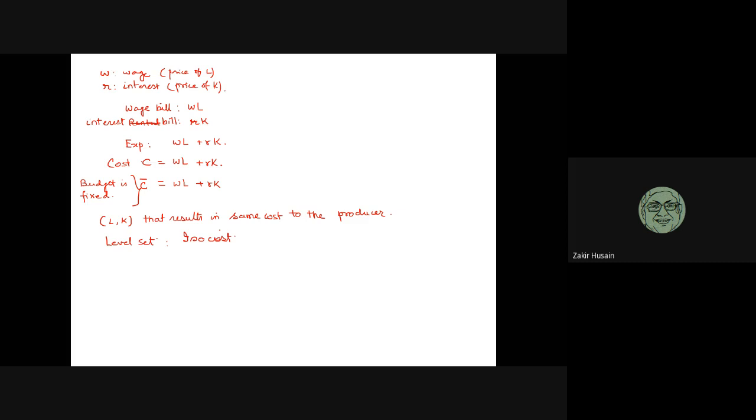It represents the budget line of the producer. So isocost is the budget line of the producer.